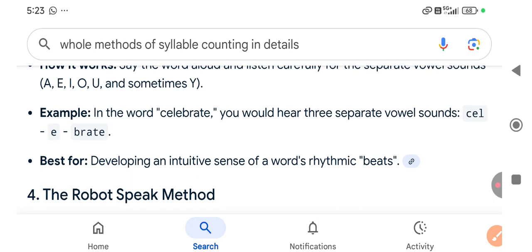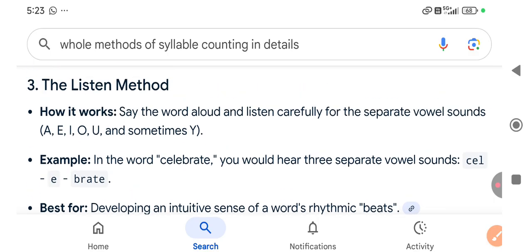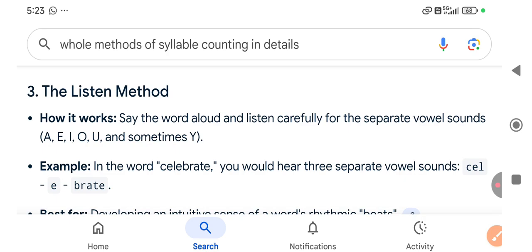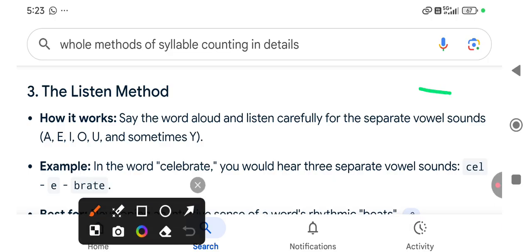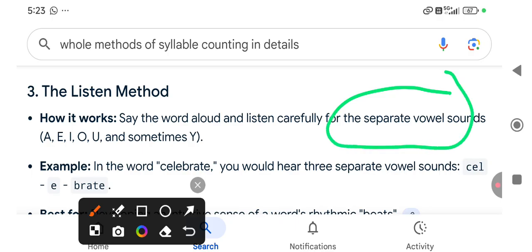So that is called the listening method, where the important thing is that you have to say a word aloud and listen carefully for the separate vowel sounds. You have to focus on the separate vowel sounds, right? So that's very important. Vowel sounds, we know, are a, e, i, o, u, and sometimes y, when y is used as i, then y will be counted.